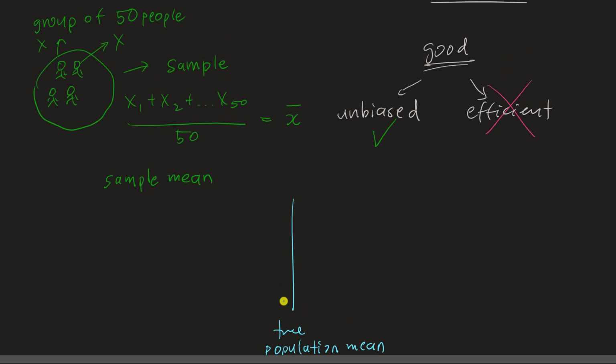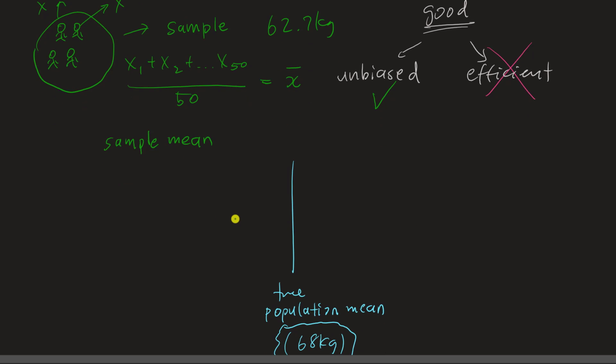Now, if you select a group of 50 and find the mean of these 50 people, the sample mean can take on many values, right? Sometimes you can get a value of 62.7 kg, so maybe it's like here.